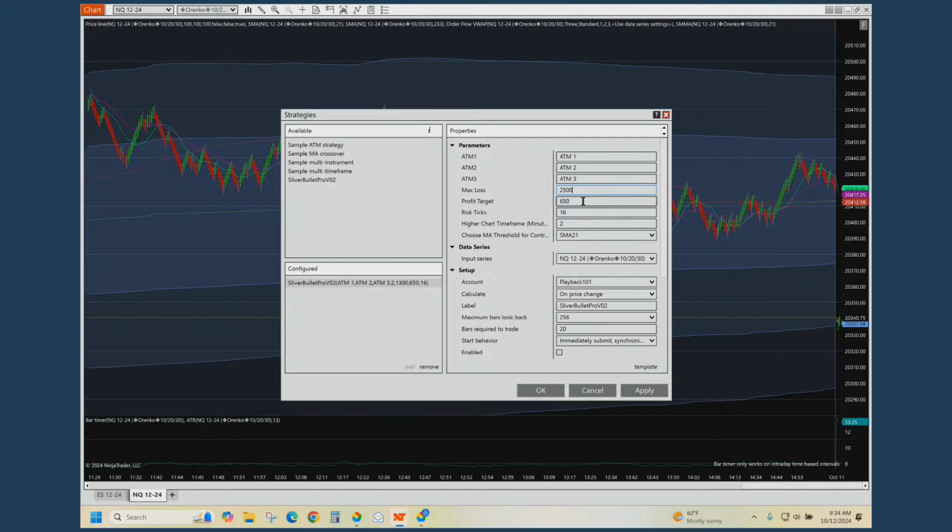I'll put it at 2,500, and my profit target would be $2,000. And we'll see if the software achieves this profit target without losing 2,500. And I will enable the software here.